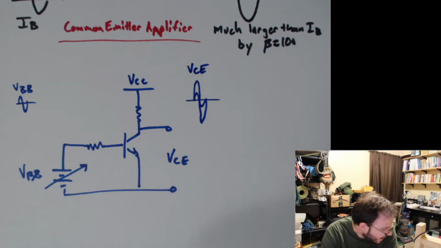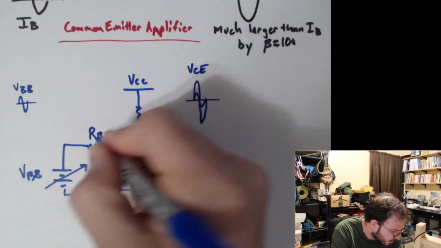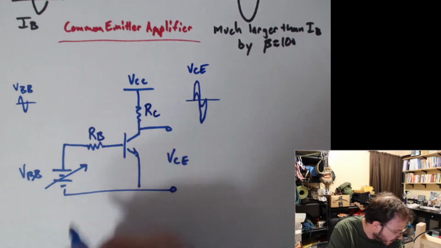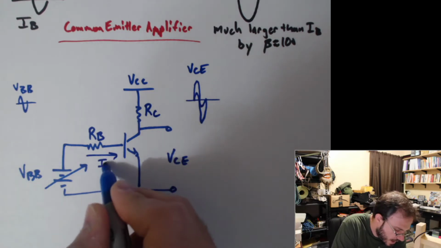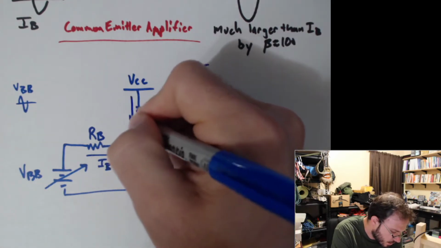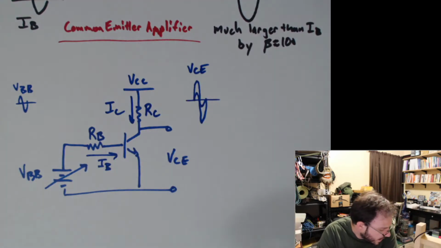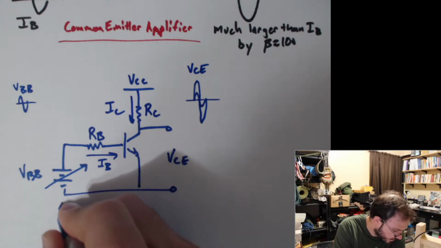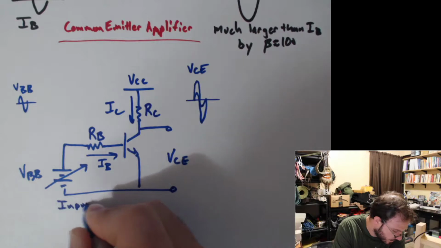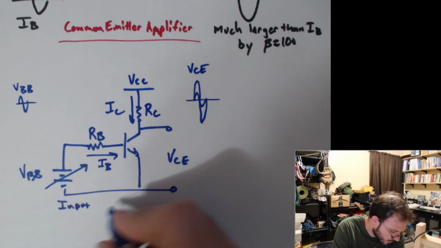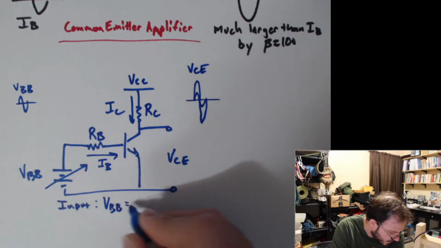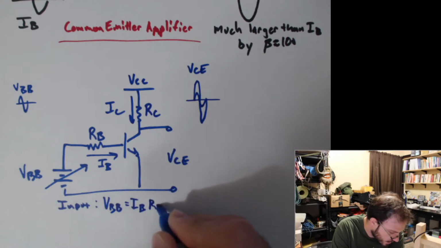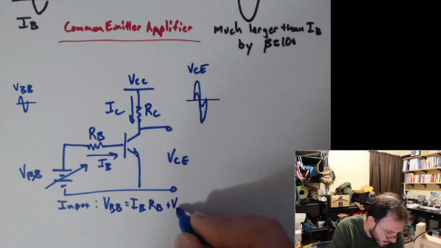Okay, and so now we can talk about RB and RC. We have our IB and we have our IC. And we can go ahead and now talk about our input voltage. VBB is going to be equal to IB times RB plus VBE.